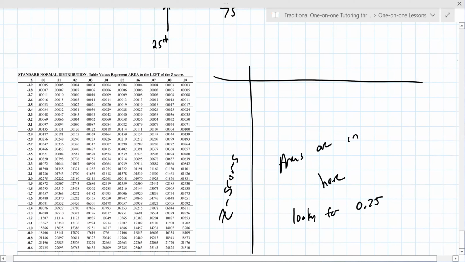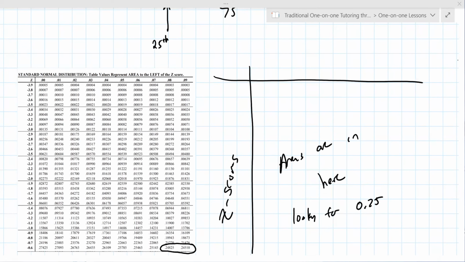So what you're looking for is 0.25 in the table, not the column. So it's kind of right there between those two, or I guess it's the one on the right. Is that even correct? Sorry, it doesn't look right to me. Sorry, I'm just a little bit tired tonight.